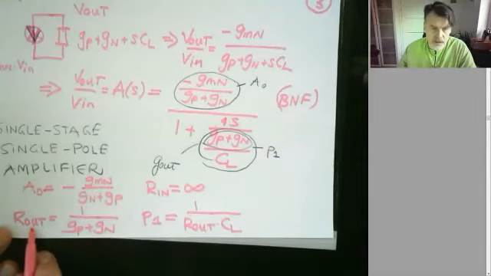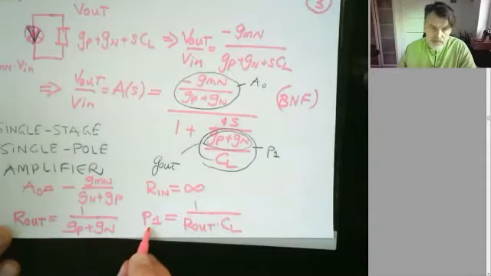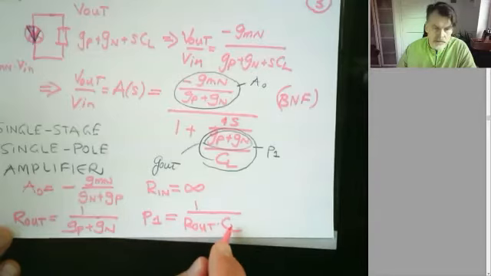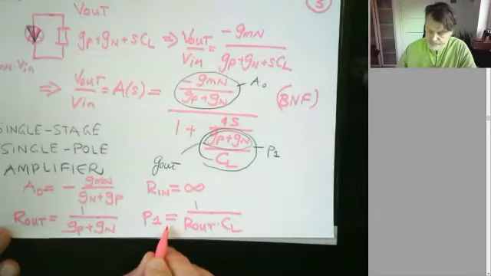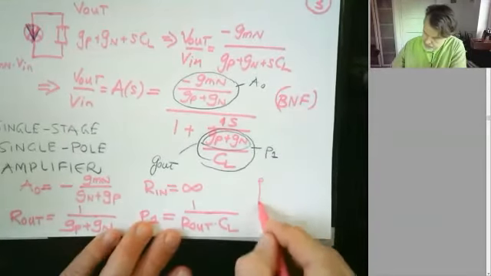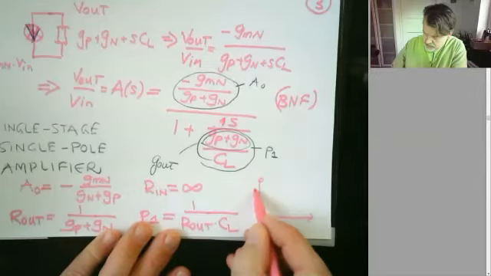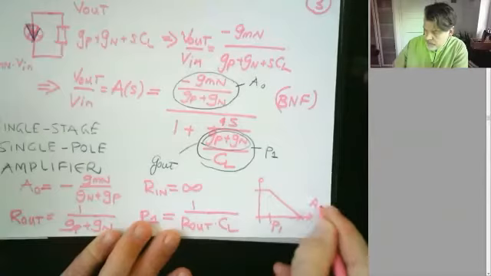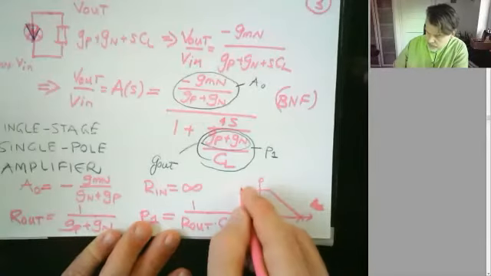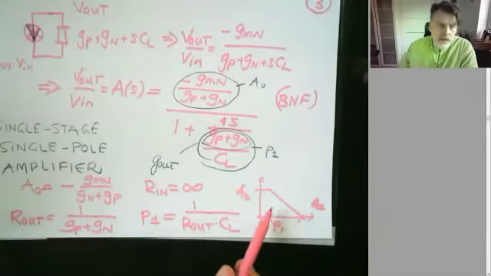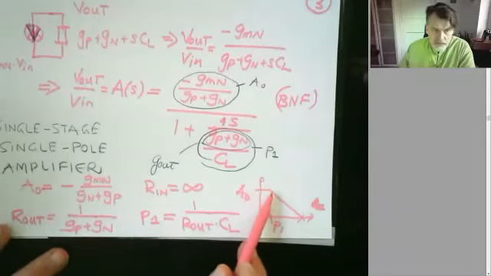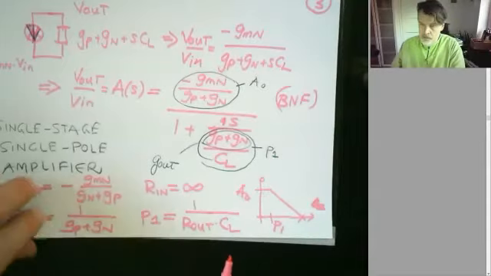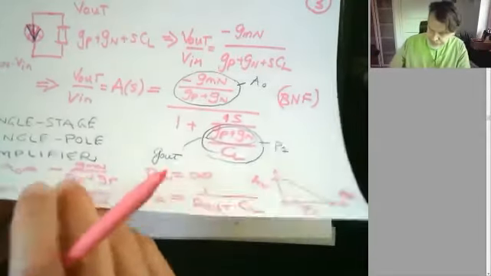So R out is a high number, which means that P1, which is 1 over a large number, is a small number typically. So we have something like this, P1, A0, sorry, not at all A0, here's A0. So we have a system with pretty high gain, but also low frequency pole. All right.